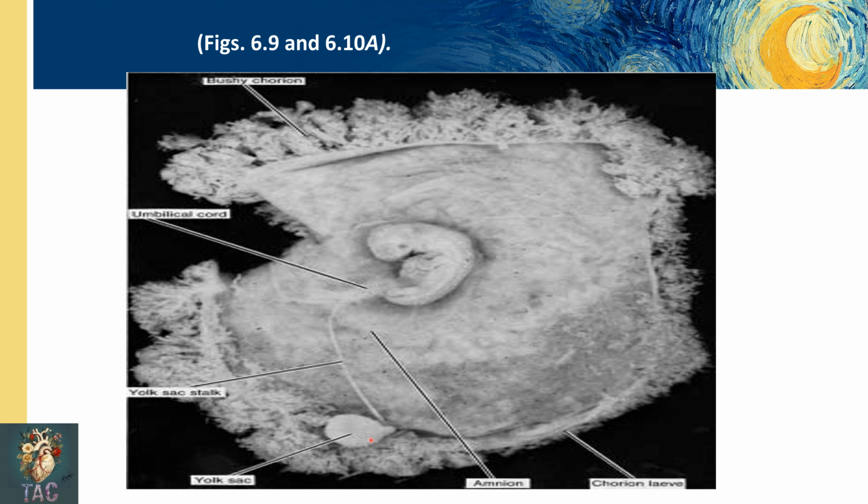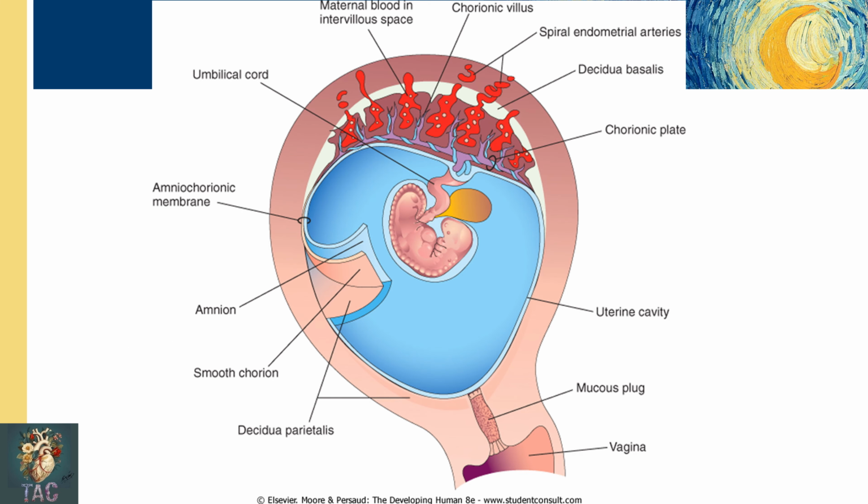This is the yolk sac stalk. Here you can see the yolk sac present in the form of a cyst. This whole space is the amniotic cavity in which the baby is present, and this is the chorion frondosum, also called the bushy chorion, and this is the smooth chorion which is the chorionic leaf.